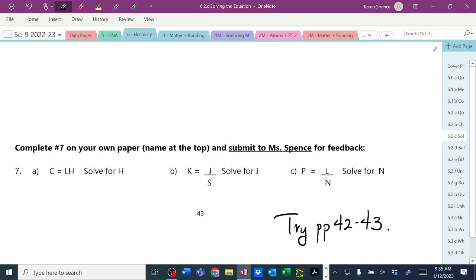By itself? No. So we need to say who is messing up H? I. So we want to move I. Okay? So I'm going to take I, and you can move I diagonally. Is it going to move up or is it going to move down? It's going to move down.